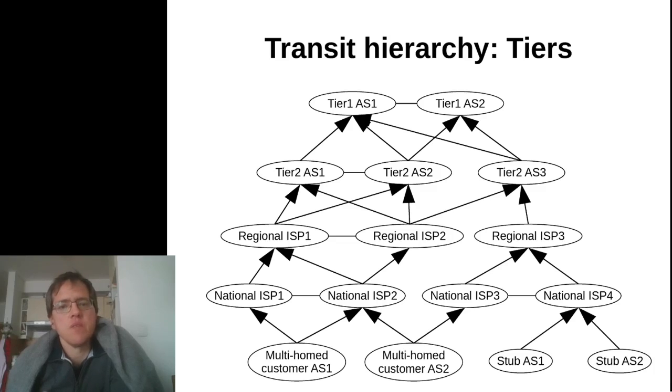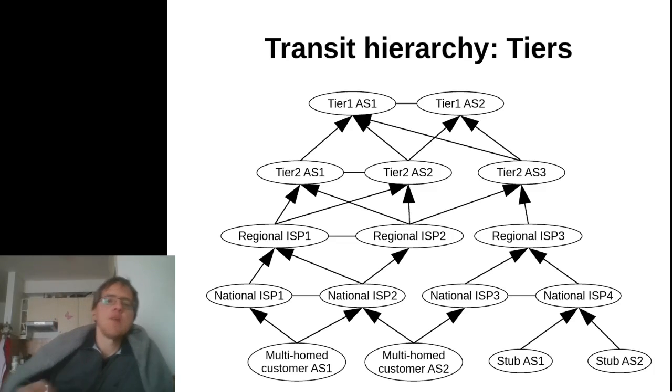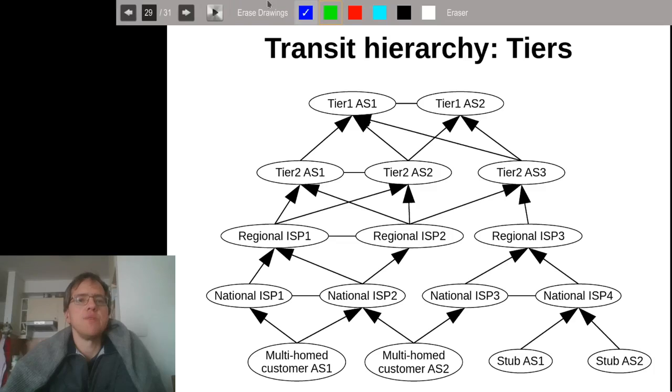So the rest of the lecture series will be about applying this service model, the transit and peer hierarchies, to the routing ecosystem and actually configuring these types of business relationships and routing policies into actual BGP routers. But this is for the next occasions.